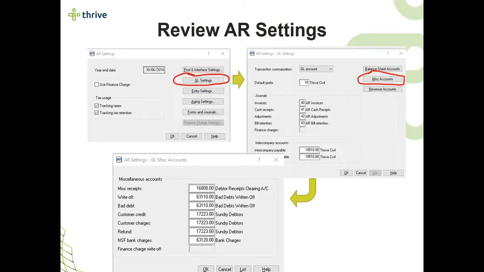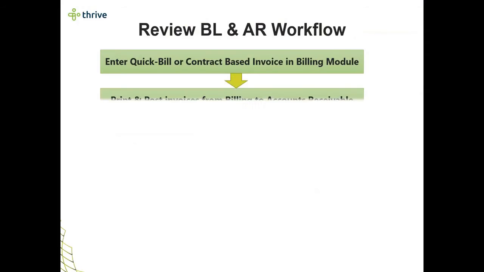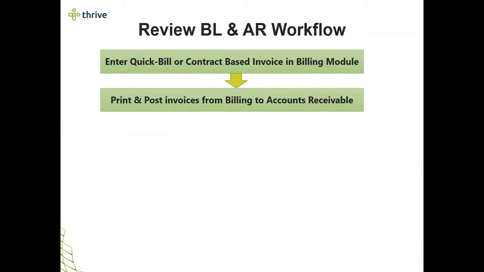Okay, quick run through on the billing and AR workflow and what we're going to be covering with the adjustments today. So most of our clients enter either a quick bill or a contract-based invoice in the billing module. Some clients enter invoices directly within accounts receivable as well, so they may or may not have contracts and billing.